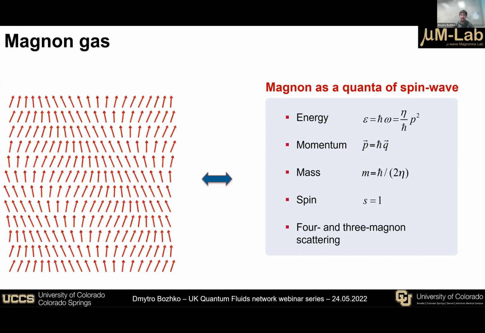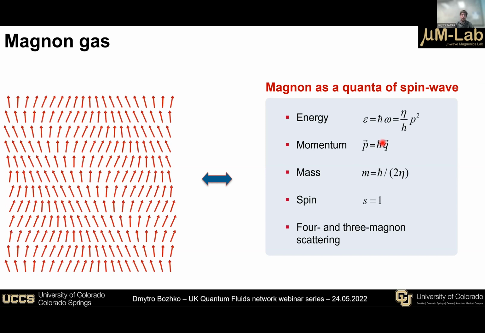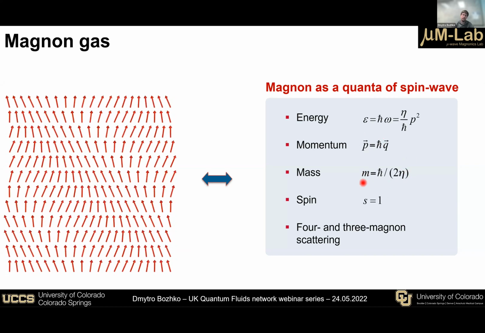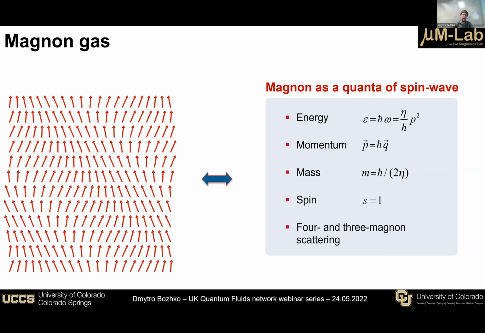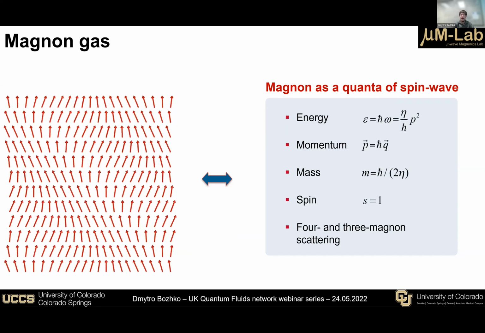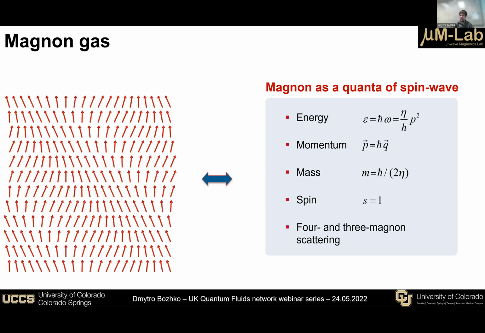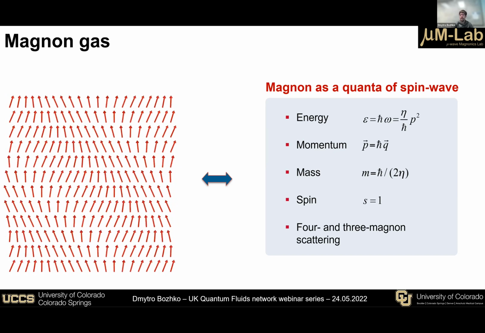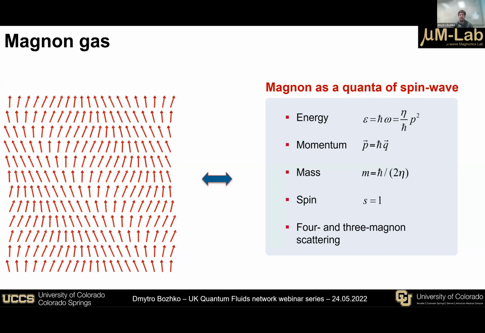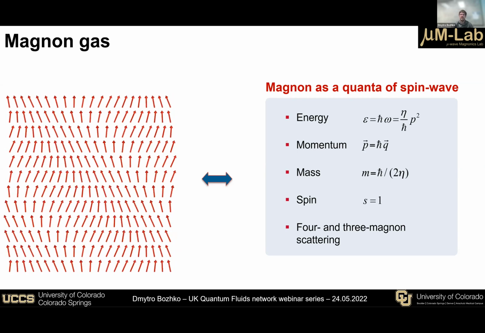For them, we can define energy and momentum. Interestingly, for the material in which we are working, the effective mass of such a quasiparticle is about 6 times larger than the mass of an electron, although it's spectrally dependent. It's still under discussion whether mass makes any good physics in there.